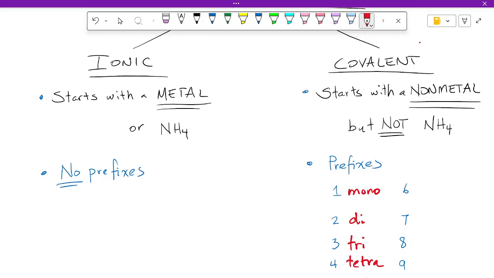They both start with H. So we have a T and a T, and then we have an H and an H. Six is hexa. 6 has an X and hexa has an X.